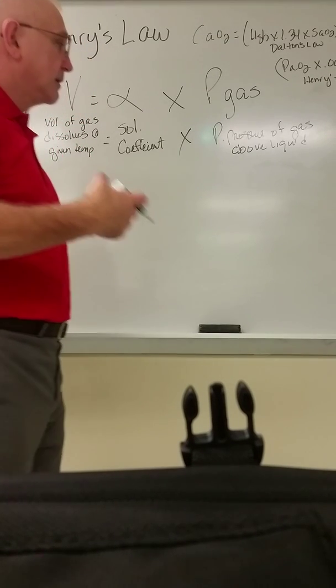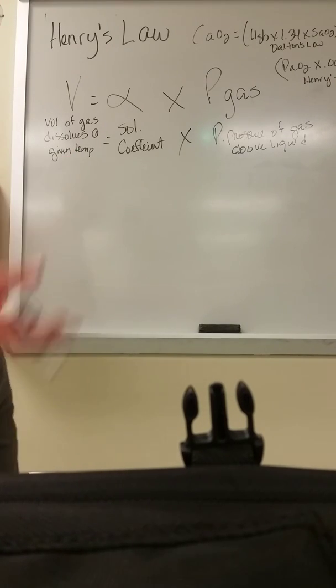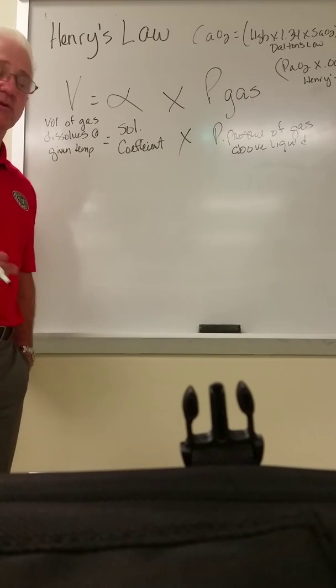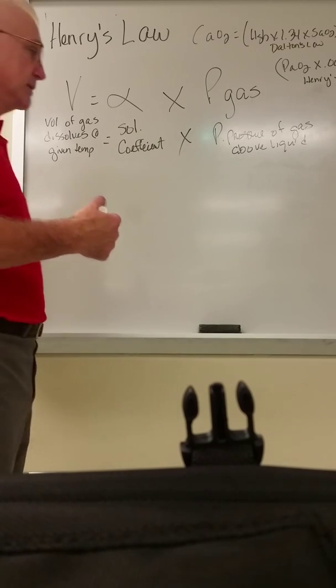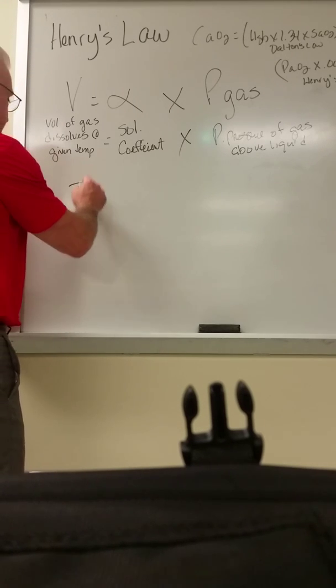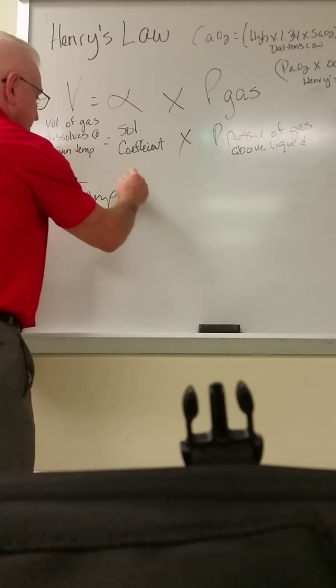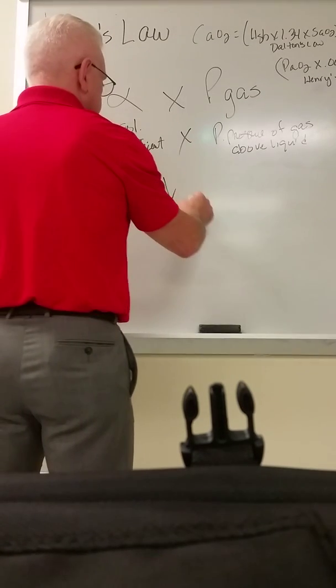Now, I will tell you there are a couple of things that will affect solubility. Temperature has a major effect on solubility of gases in a liquid. It's an inverse relationship. As temperature increases, the solubility of the gas in a liquid decreases.